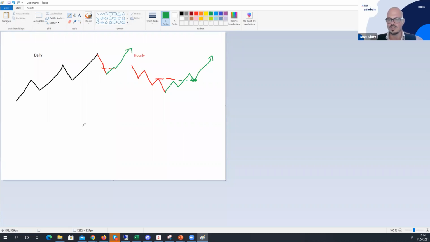So this is what you want to do, and you can see the time frames playing with each other, strongly interacting with each other. So looking at an hourly chart should go hand in hand with having at least one eye on the daily chart in this context. And now you can see if you trade the breakout on a daily chart and wait till it happens, you've already built your position here on the hourly chart.